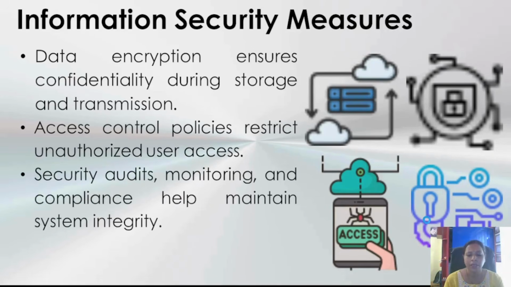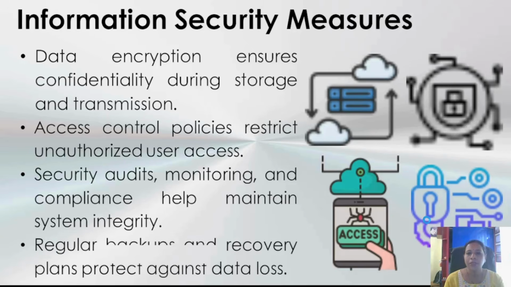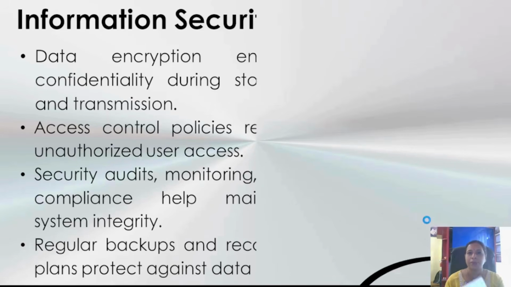Security audits means regular inspection that verifies the system follows compliance standards. There is also backup and disaster recovery that ensures business continuity, even after hardware failure or cyber incidents. So these measures work together to reduce the risk of accidental or deliberate information leaks.